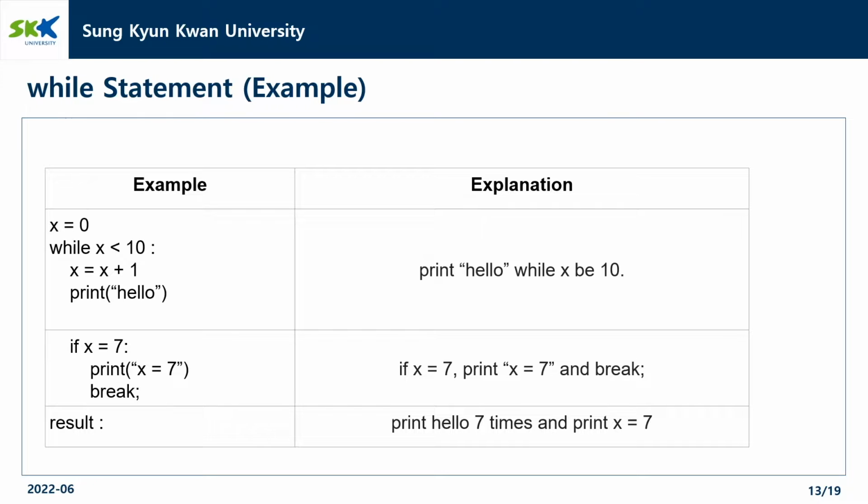And until x becomes 10, it outputs hello and adds 1 to x. At this time, if x is 7, it prints x is equal to 7 and stop. Because there is a break, the while statement exits immediately. That is, it prints hello 7 times and prints x is 7.